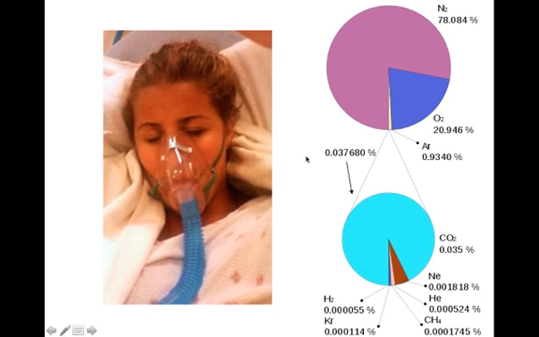Now, if someone is going through trauma or has a traumatic injury, they could be losing blood into their abdomen, they could be losing blood outside onto the ground, or they could have an injury to their lungs. Any type of shock is going to prevent the cells from either getting sugar and oxygen or just oxygen.